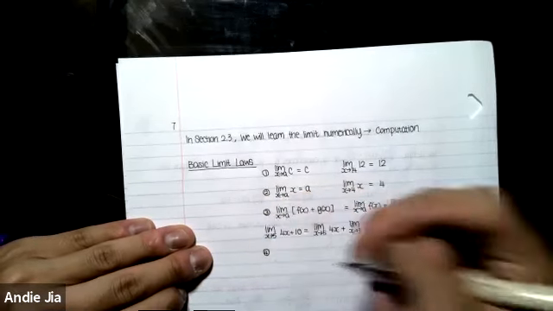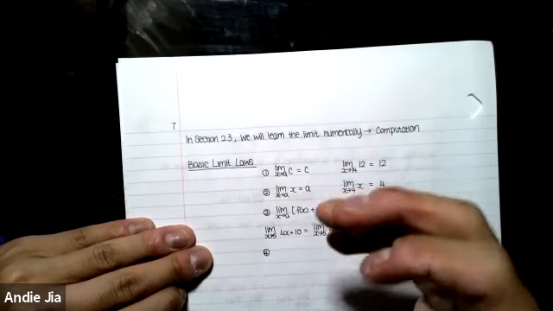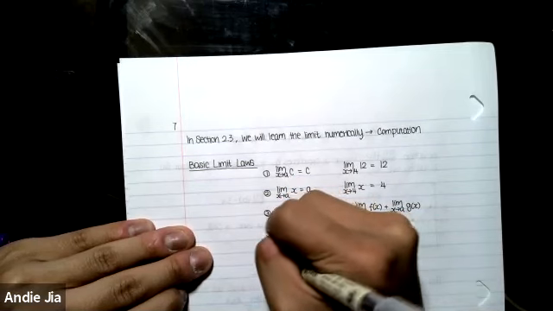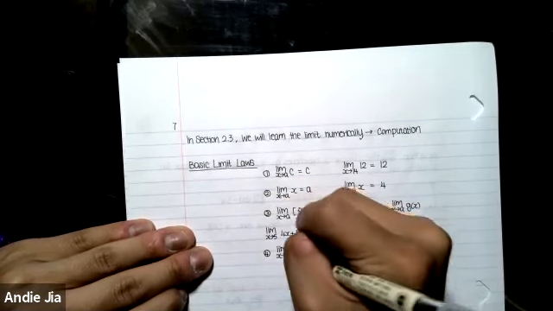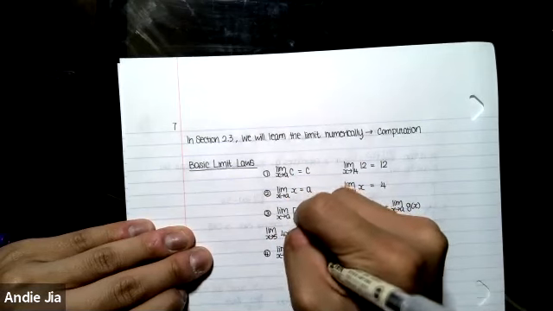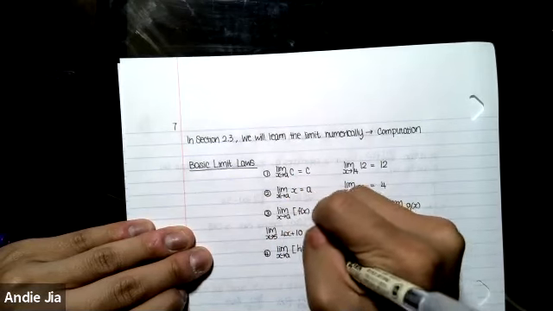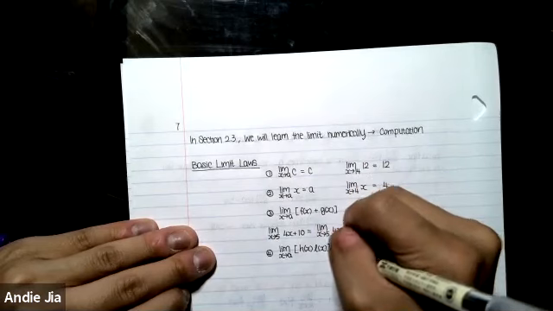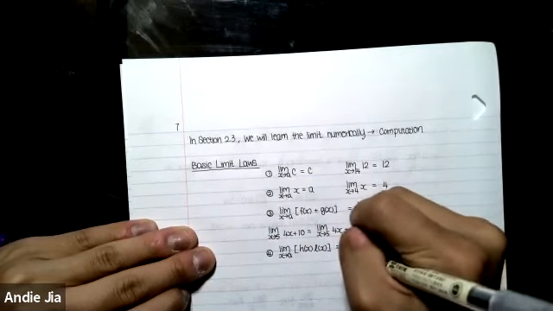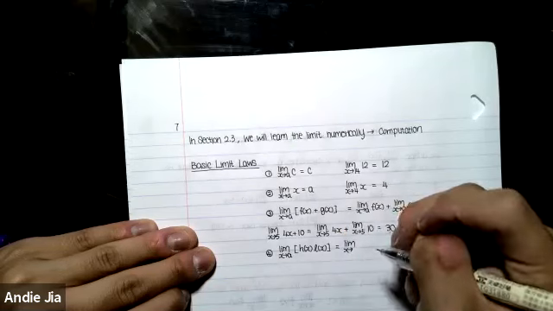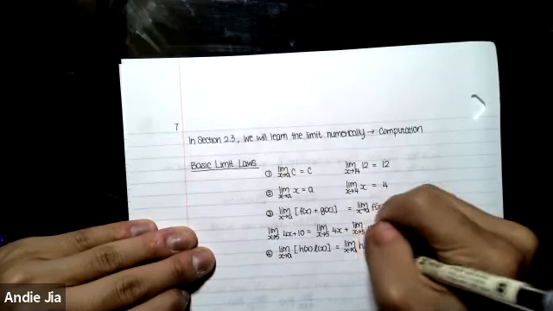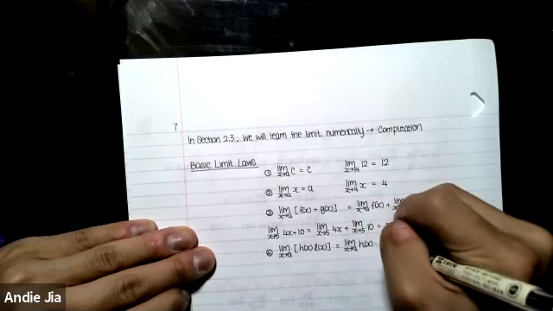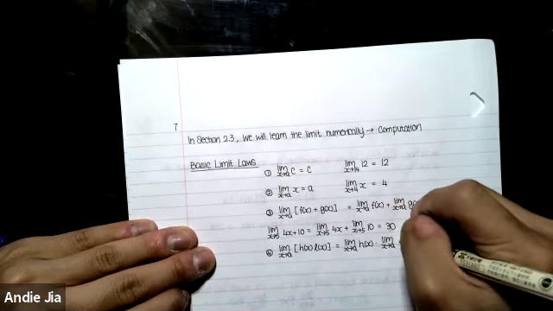Number four is the product rule. As x approaches a of h of x times L of x, it is the limit as x approaches a of h of x multiplied by the limit as x approaches a of L of x.